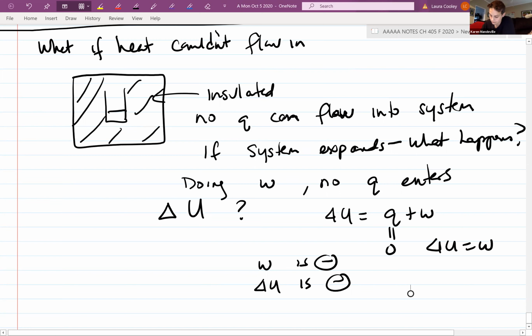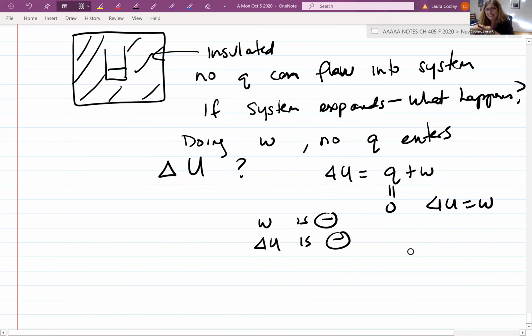Think about it. If no heat can come in, then that energy has to come from somewhere, right? It's going to come from the system's own internal energy. So what does the internal energy of the system, if it's just an ideal gas, depend on? Is the internal energy going to go up or down?